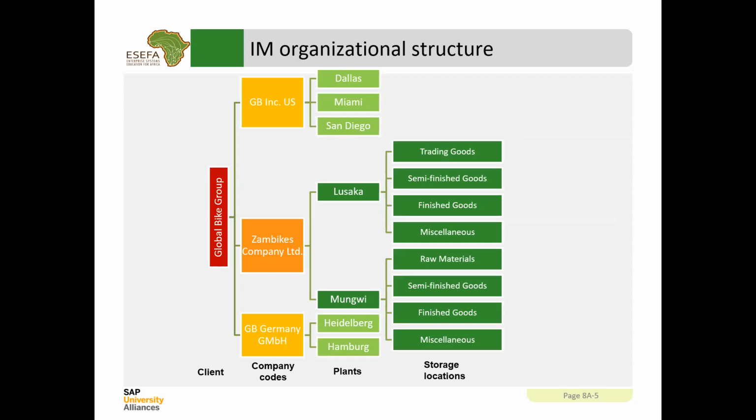So these are the four basic inventory management organizational structure. For inventory management, these are just the four basic: the client, company code, plant, storage location are all organizational data elements.